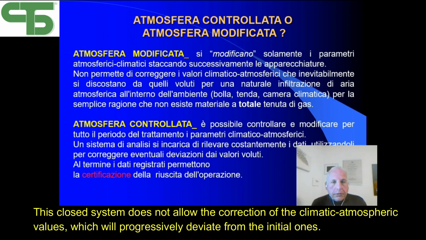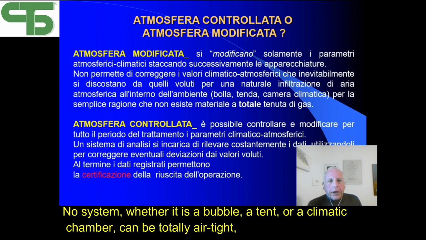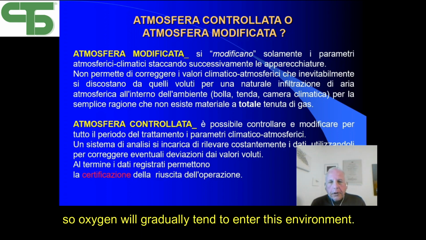This closed system does not allow the correction of the climatic atmospheric values, which will progressively deviate from the initial ones, and no system, whether it's a bubble, a tent or a climatic chamber, will be totally airtight. So oxygen will gradually tend to enter this environment.